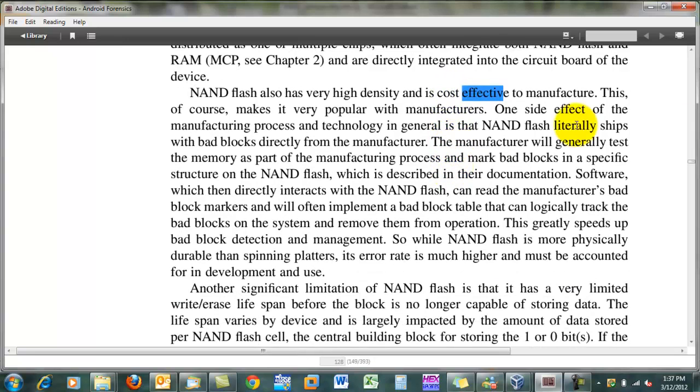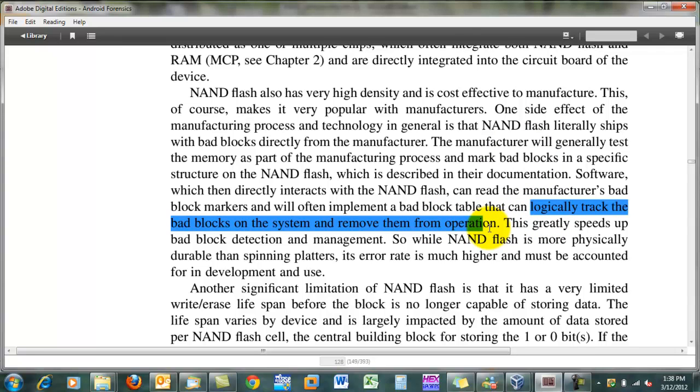What is the disadvantage of a NAND drive, since it has so many advantages? The disadvantage is that NAND drives tend to have a lot of bad blocks due to the manufacturing. So there must be a way for the NAND device to track the bad blocks and remove them from the system.